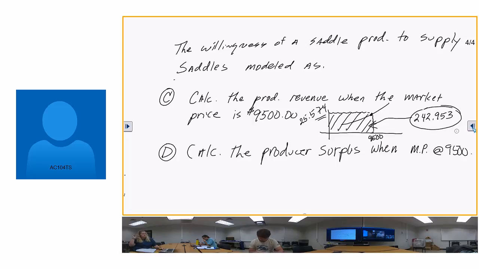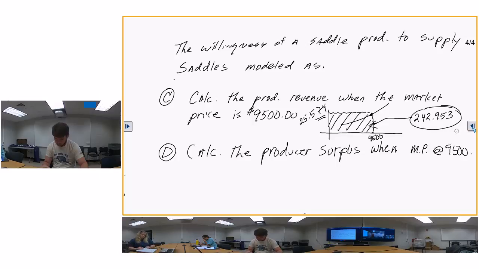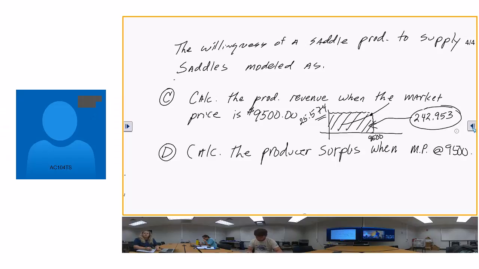Now calculate the producer surplus. Remember, that's where you use the integration, and this is where you can use your calculator.